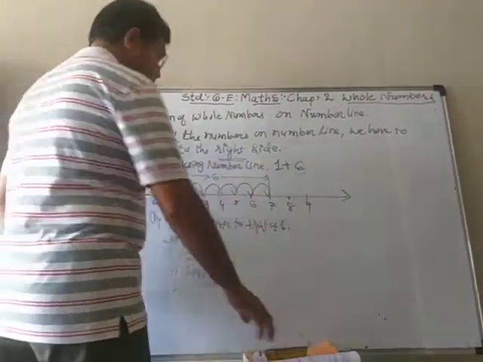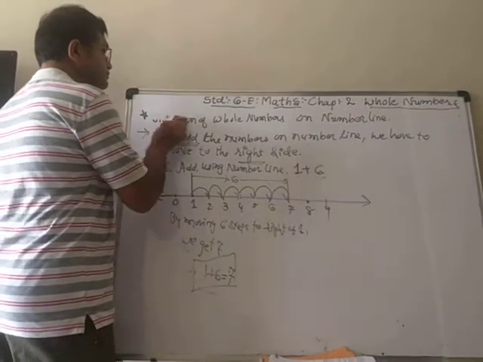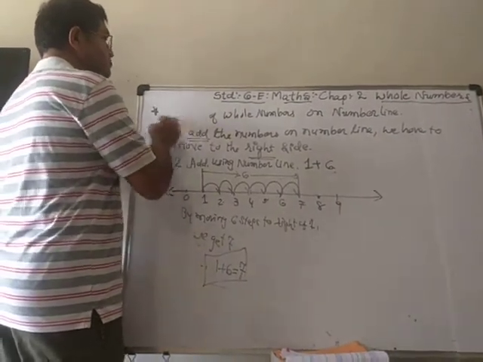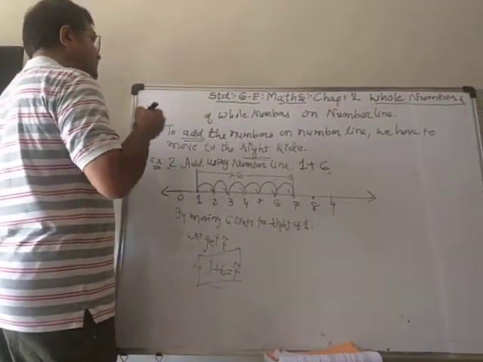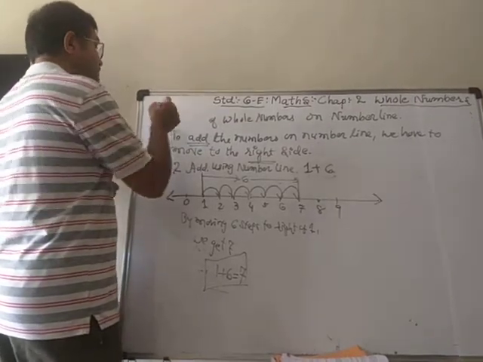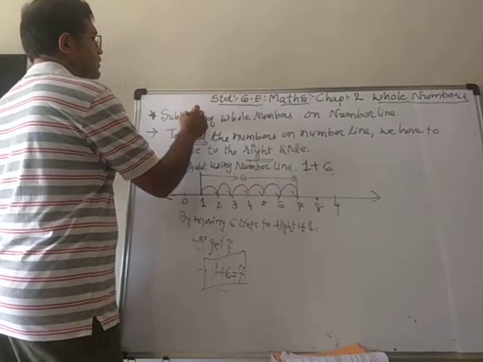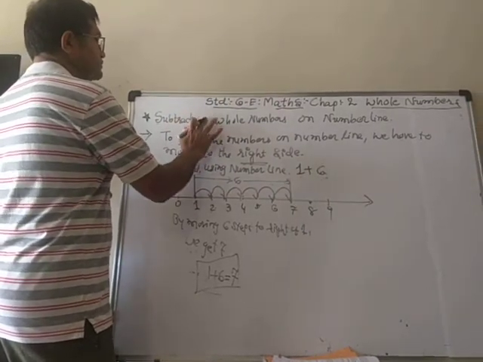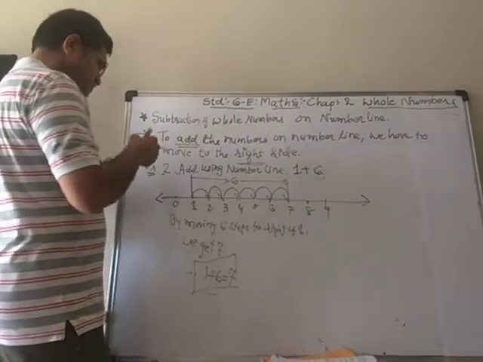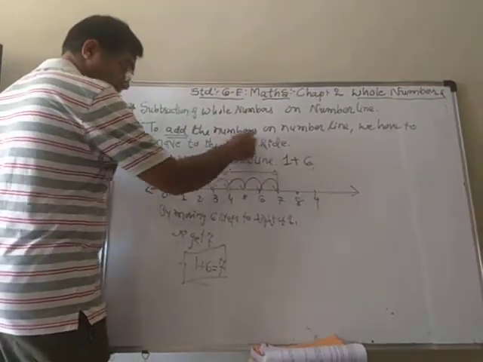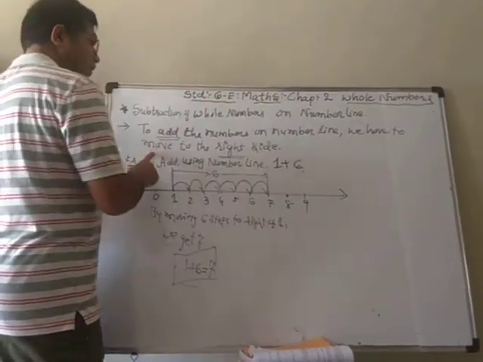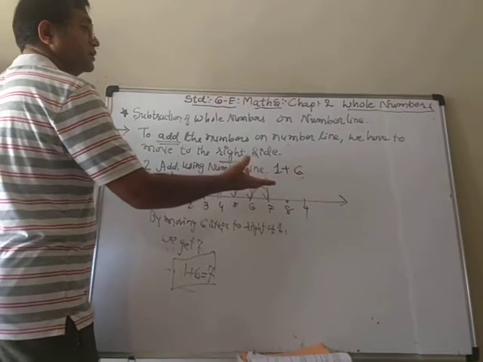Now we will see the subtraction. Subtraction of whole numbers on number line. So now obviously it is easier that we saw that to add the number we move to the right side.